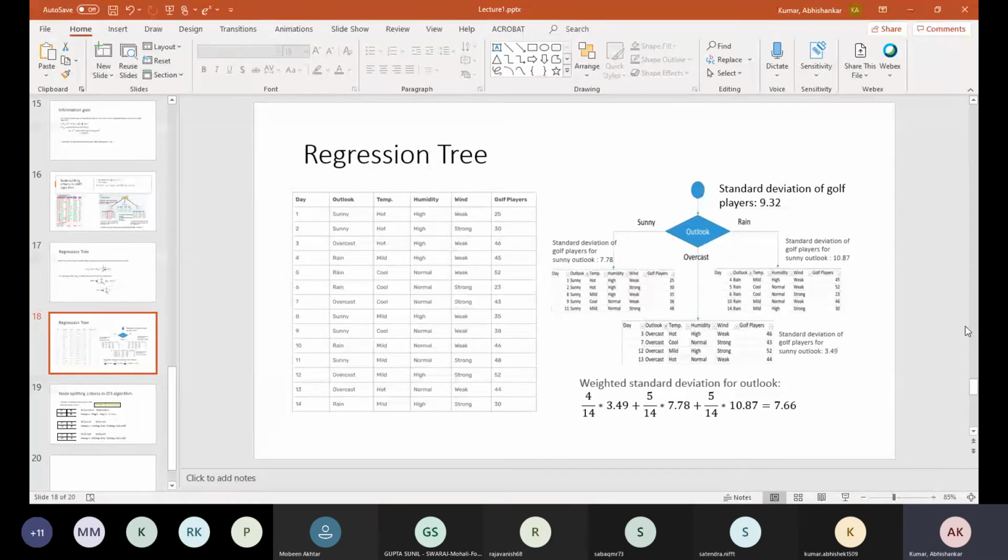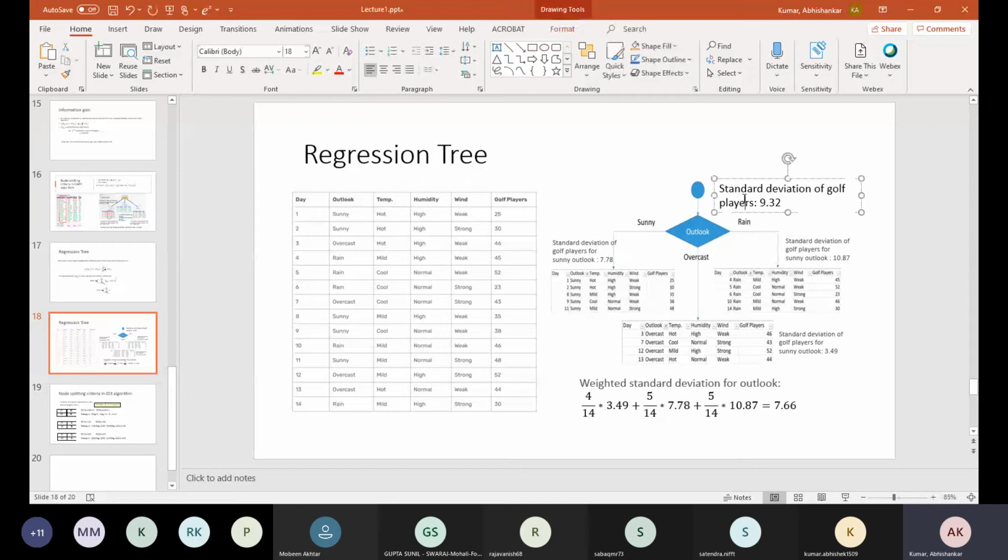Can you divide the data based on outlook? What are the different classes present in outlook? Sunny, overcast and rain, correct? If it is sunny, observations 1, 2, 8, 9 and 11 come under sunny, and likewise overcast and rain.